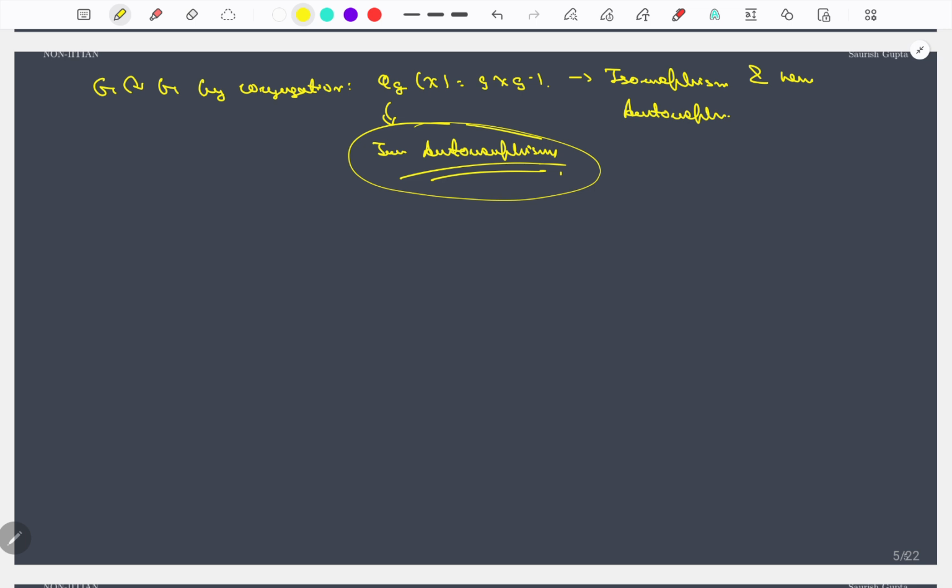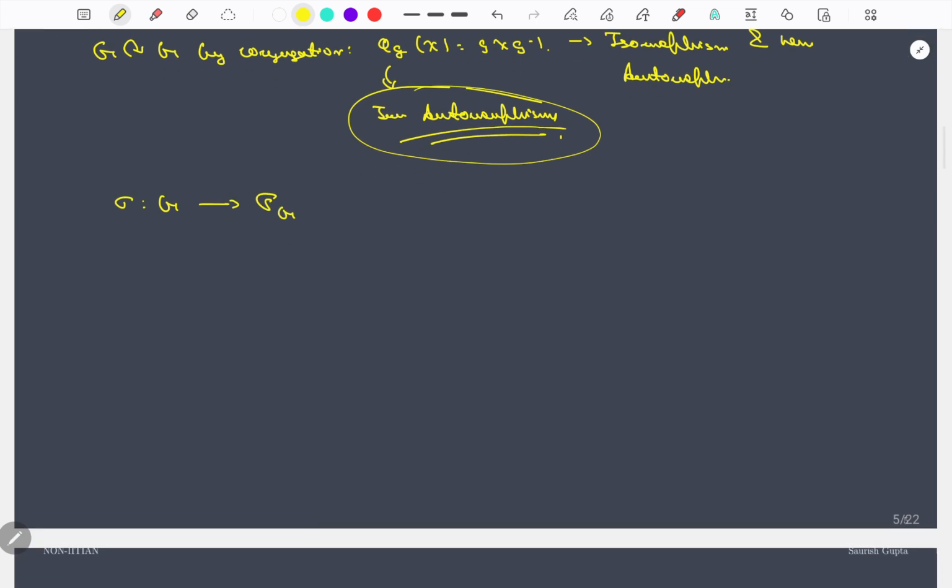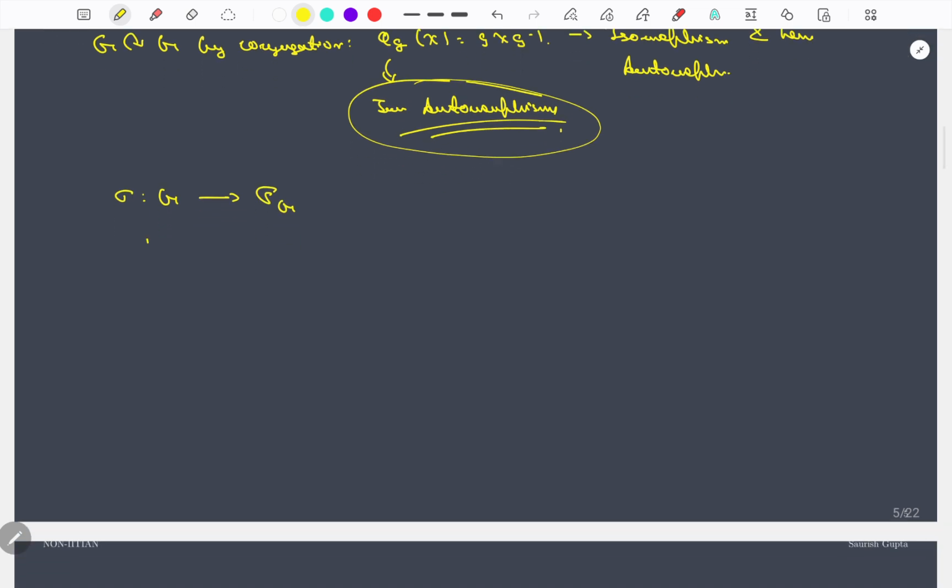So if this is the action you have defined, then obviously this again induces a map from G to SG, by sigma of G being sent to phi of G, and this forms the collection of all inner automorphisms.